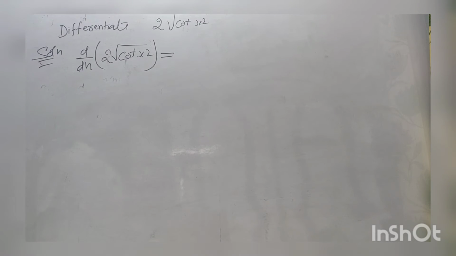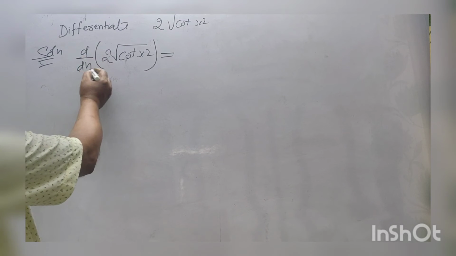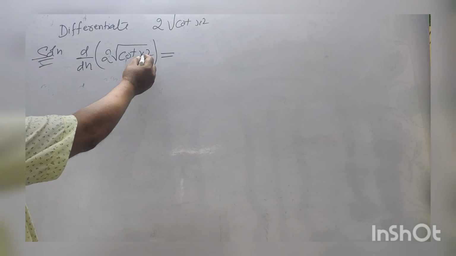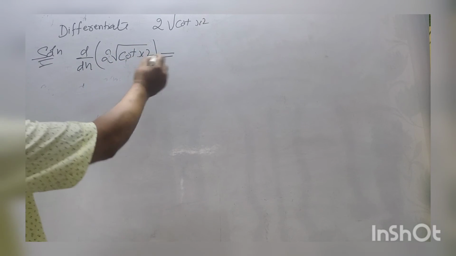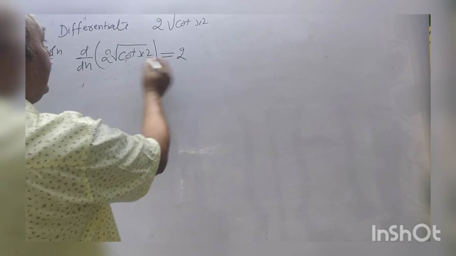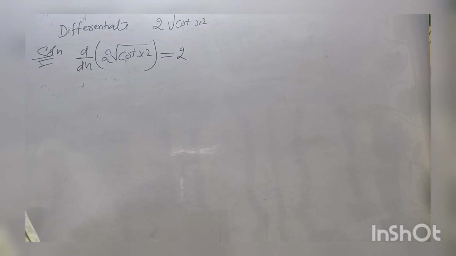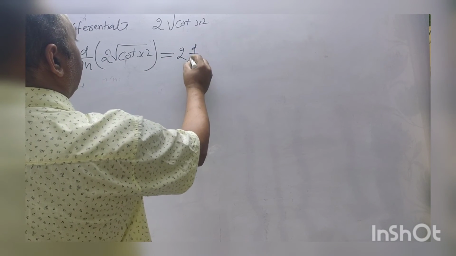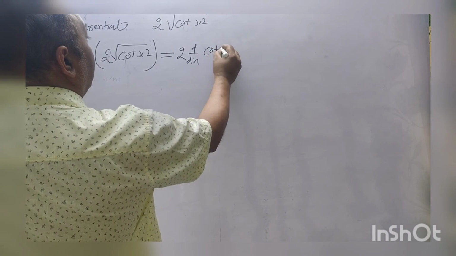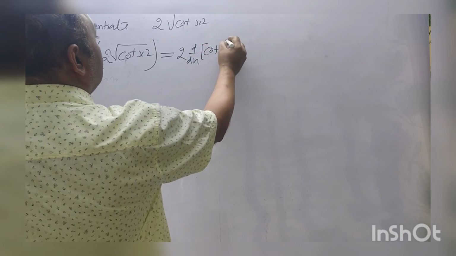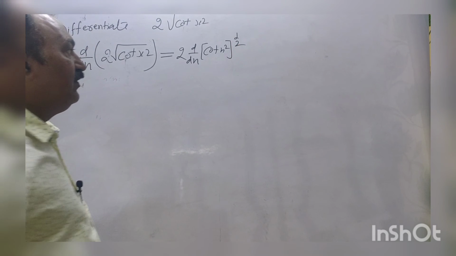Now the next question is differentiate 2 into under root of cot of x square. d upon dx of 2 into under root of cot of x square is equal to, taking 2 outside, because a constant can be taken outside the sign of derivative, d upon dx of cot of x square raised to power 1 by 2.